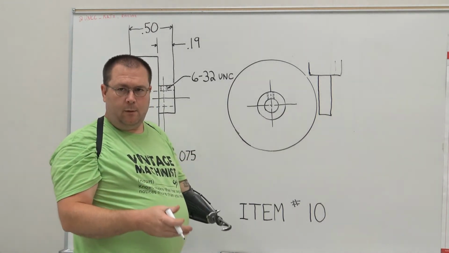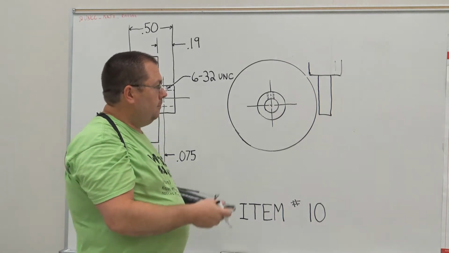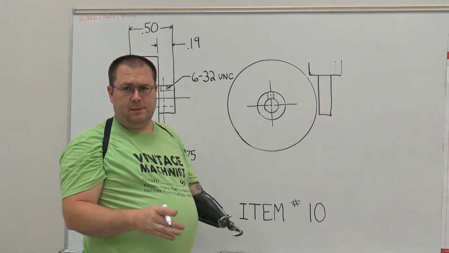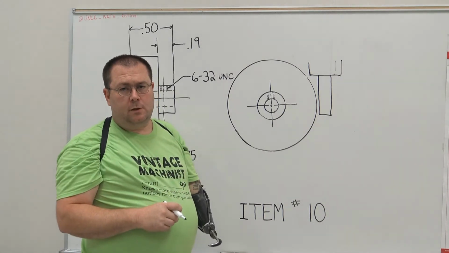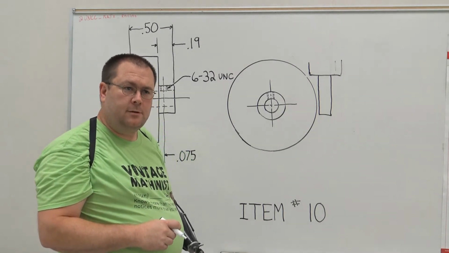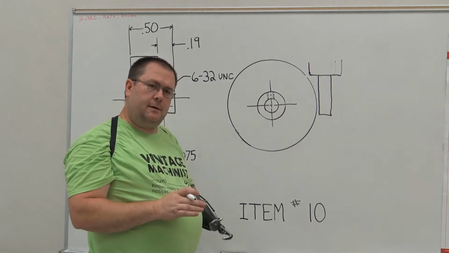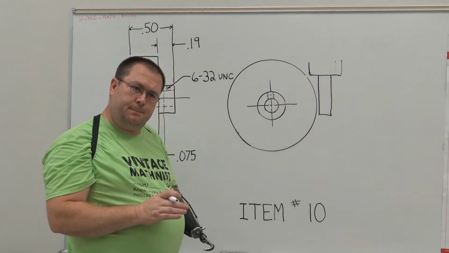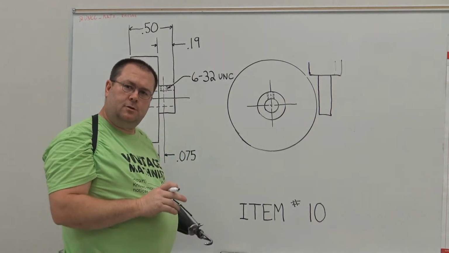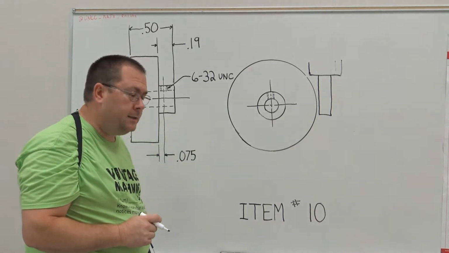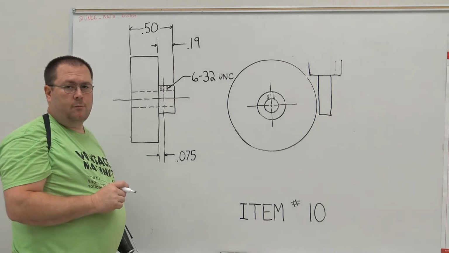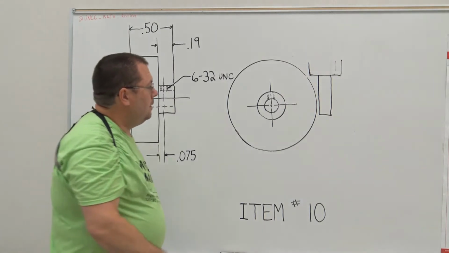I'm not saying that they won't work, but because we don't buy the most expensive edge finders, that extra spindle speed could cause some damage to your edge finders. So let's stick around to 2,000. I believe the maximum spindle speed on our mills downstairs is around the 1,400 to 1,600 RPM range. So that's where we're going to run that, okay?